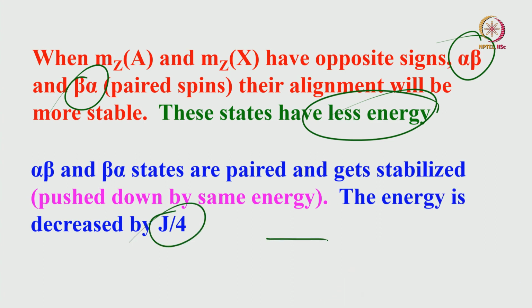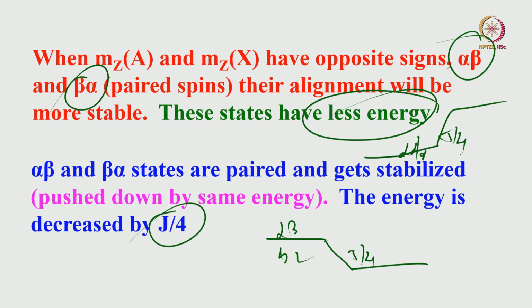So if this is the state for alpha beta or beta alpha, instead of going up it comes down by J by 4. In the other case, alpha alpha and beta beta, it went up by J by 4. So that is how the energy states get destabilized in the earlier case. Here it is stabilized. When it is stabilized, it comes down by J by 4, when it is destabilized it goes up by J by 4.